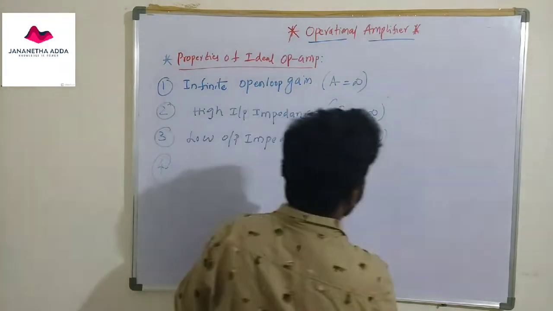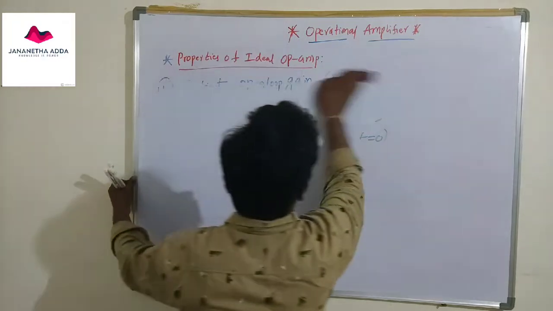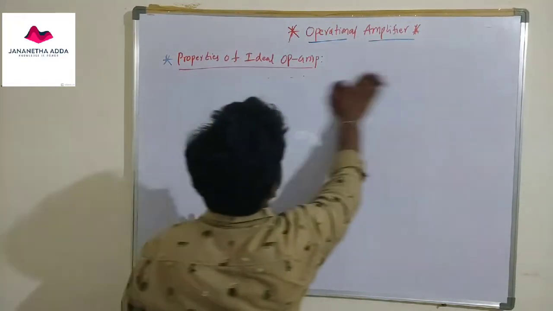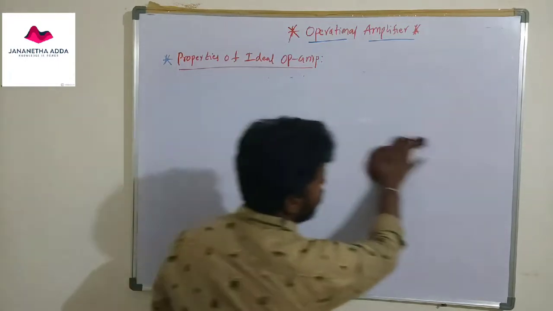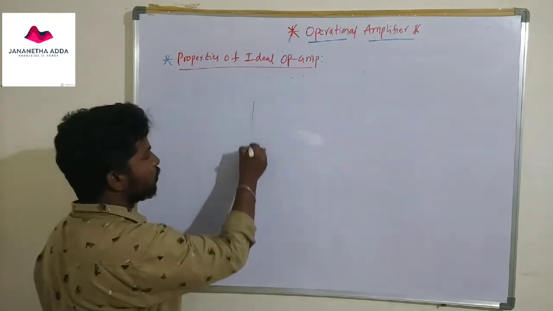So the operational amplifier can work in three types of feedback system. It can act as a positive feedback, it can be configured in a negative feedback, and it can also work in open loop. So I am taking one example, considering one circuit.